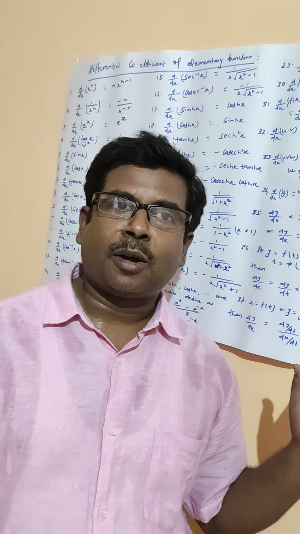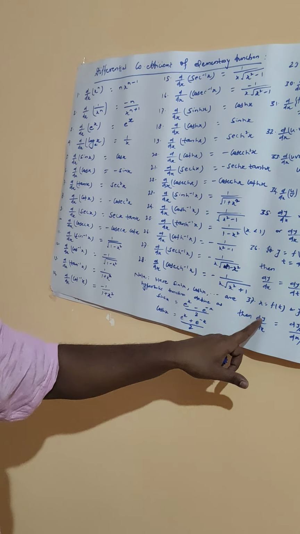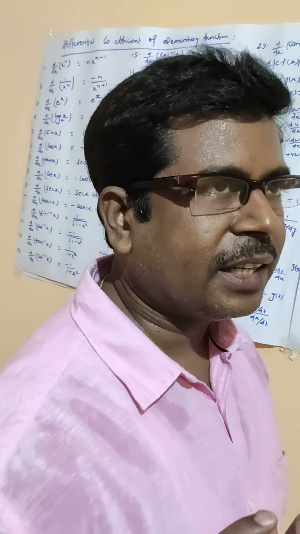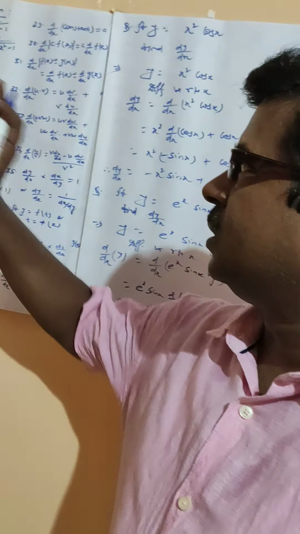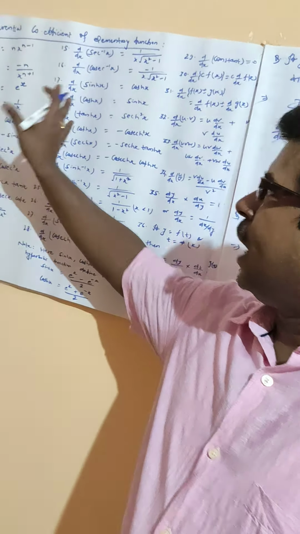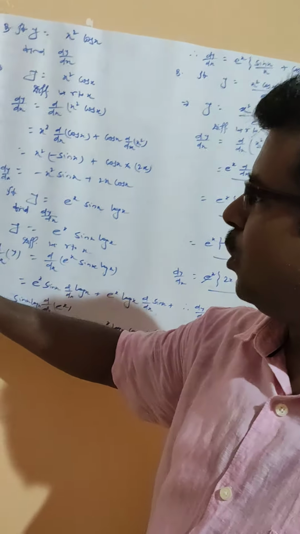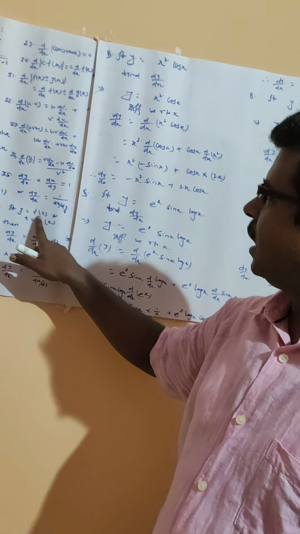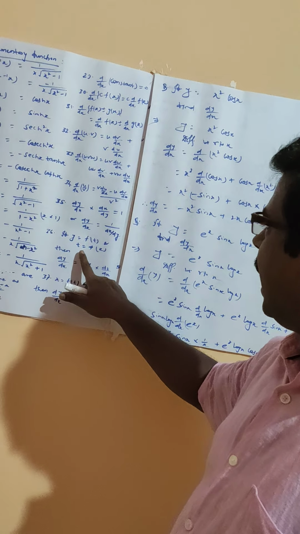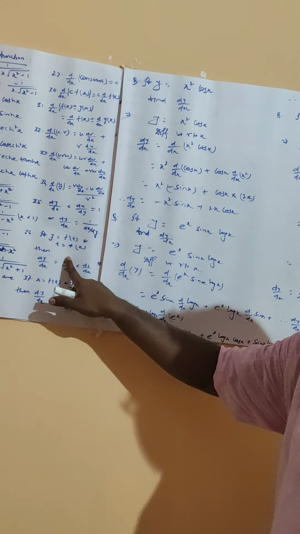Now next is function of function and parametric form. That is a different type of differential coefficient. At first we have to adjust into the elementary function. Here we use this result: y is f of t and t is f of x. This is the function of function form.